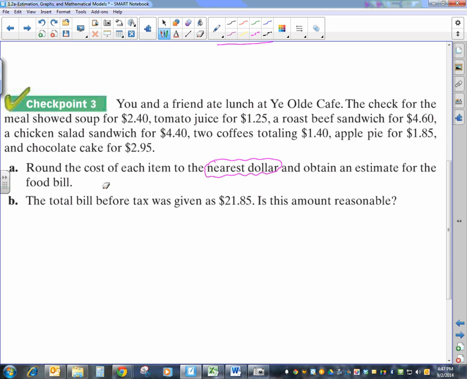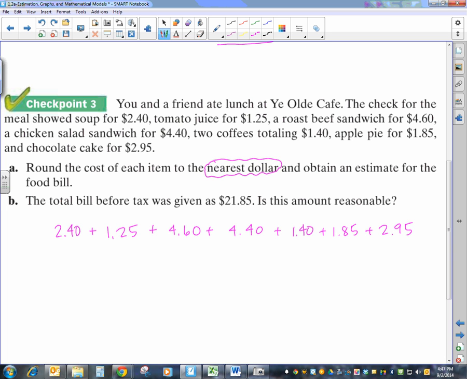So the numbers that we have, I'm going to go ahead and write it. We got 240 plus 125 plus 460 plus 440 plus 140 plus 185 plus 295.